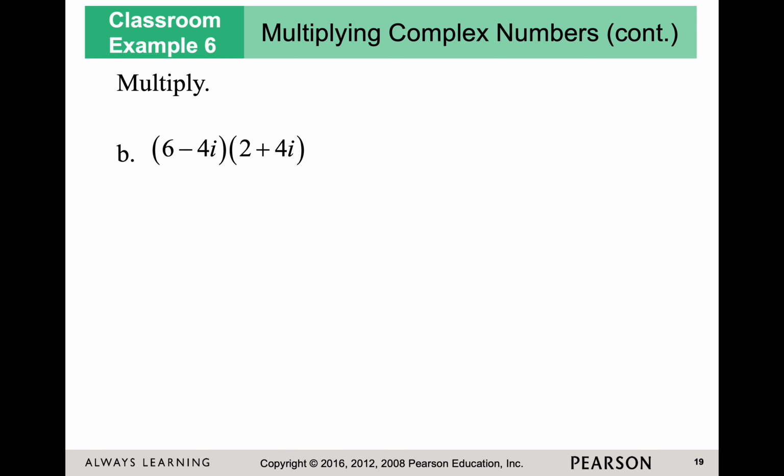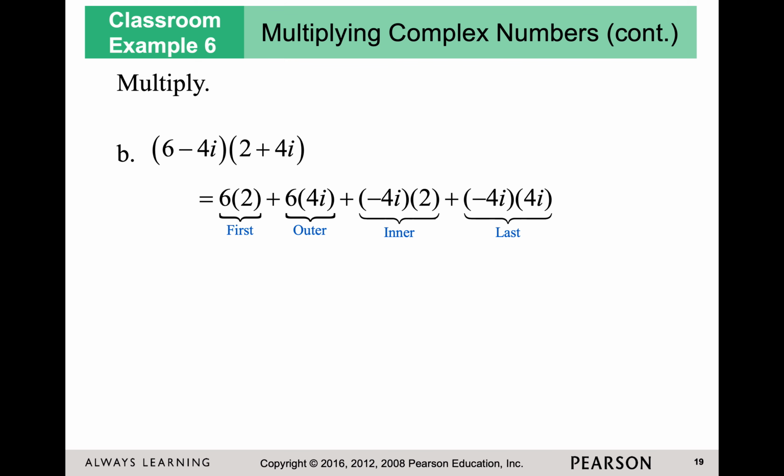So the first thing I need to do is FOIL and do first times first, outer, inner, last. Once I get that going, then I can combine those little terms.